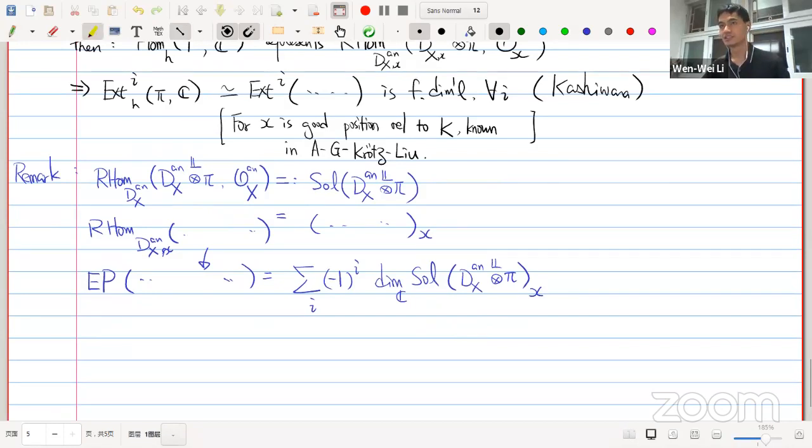The good thing is you can connect it with another theorem of Kashiwara. This is not so convenient to use. This is called the local index theorem of Kashiwara.